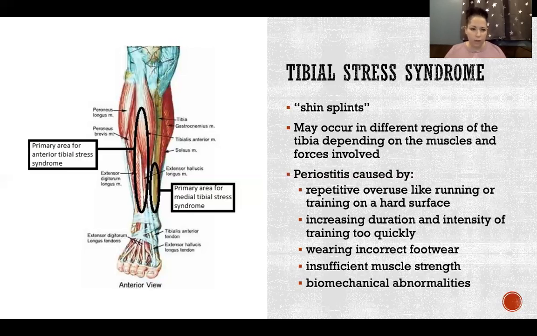Okay, but returning to the activity before it is completely healed will cause it to come back immediately, which I know is hard for most people to hear because, especially if you're training for something, you don't want to hear that you need to sit out for 2 weeks until it's all better. Depending on the severity, it might be better really quickly, or it might take a long time, depending on how bad it's gotten, and depending on what other modalities you might use to help it heal faster.